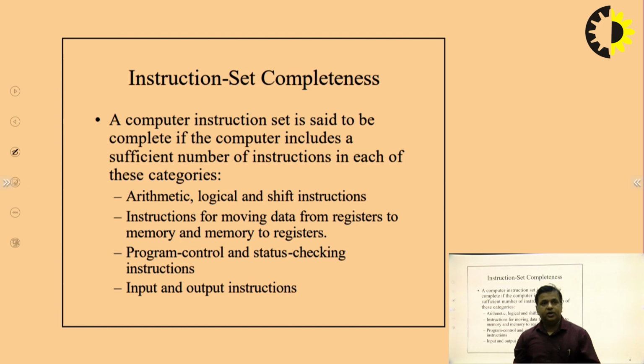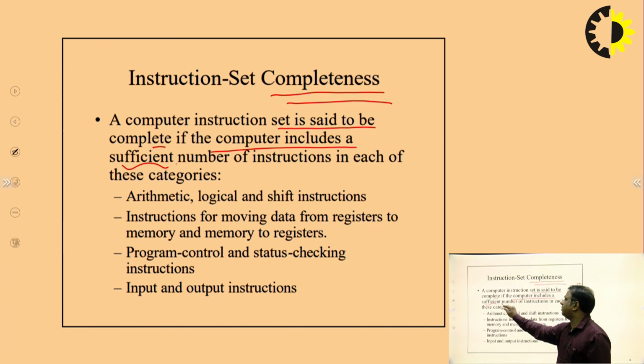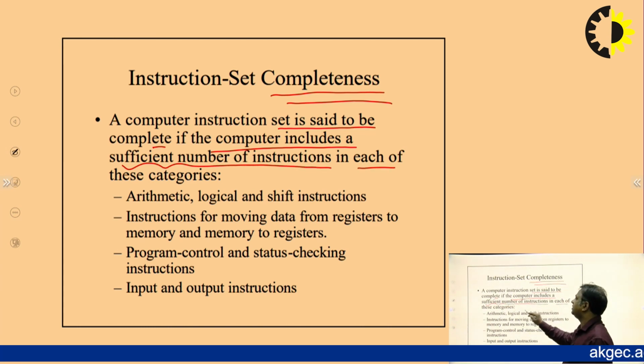So in computers we have a set of instructions which creates all the possible combinations of operations, right. So instruction completeness means we will provide a certain set of instructions that will perform all the possible operations; that we will say is the completeness. A computer instruction set is said to be complete if the computer includes a sufficient number of instructions in each of these categories.